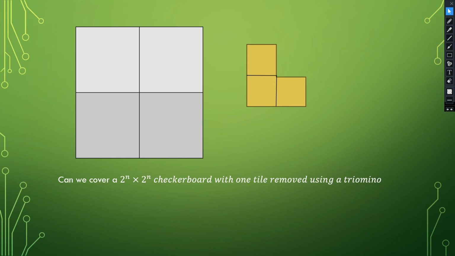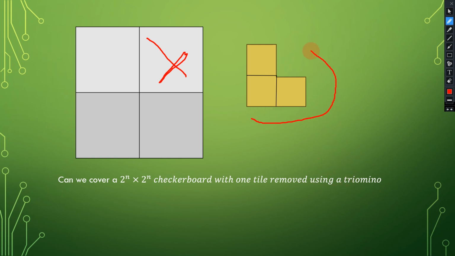So the question is: can we cover a 2^n cross 2^n checkerboard with any one tile removed from it? For example, I can remove this one tile from the checkerboard. These three are the only tiles left in the checkerboard now, to be covered using a triomino. Now what is a triomino?